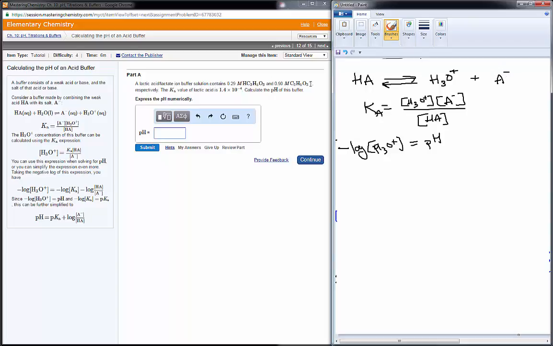If I look at these carefully, you should be able to see this is my acid because it has the extra H. This is my base because it has lost that H and it has an extra negative charge right there. So we see we have 0.29 molar of my HA, and we have 0.90 molar of my A minus. And the Ka is 1.4 times 10 to the negative fourth.